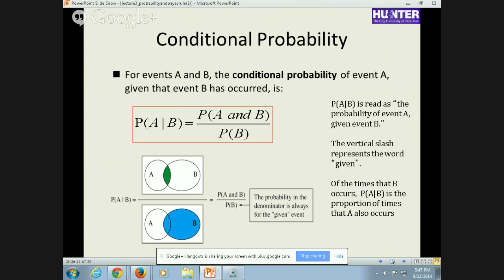So, conditional probability. This is the probability of, for example, event A occurring given that event B has already occurred. You can say it like that, or say the probability of A given B, or A conditional on B. We use this vertical slash to mean a conditional probability, or a given.